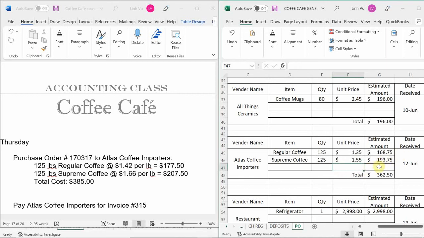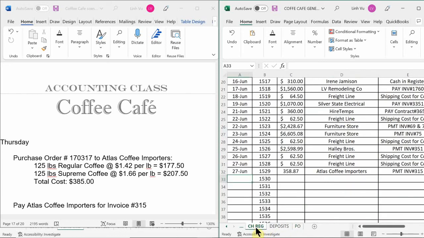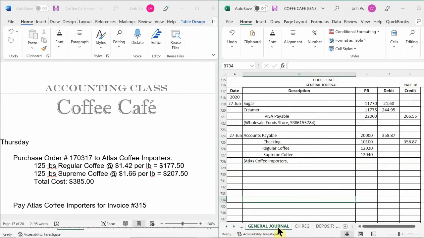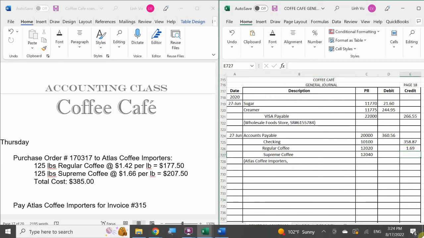Gotcha. So 1% of 168.75 would be $1.69. And what's the other one?